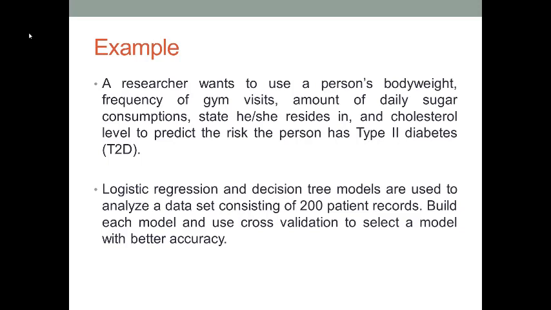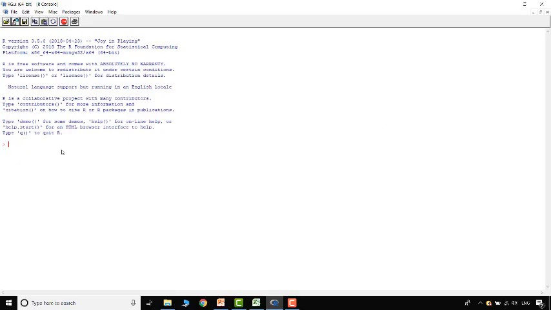I want to use the logistic regression and decision tree models to predict the risk. I want to build the models, and then I want to use cross-validation to select a model with better accuracy. Let's open the R software.